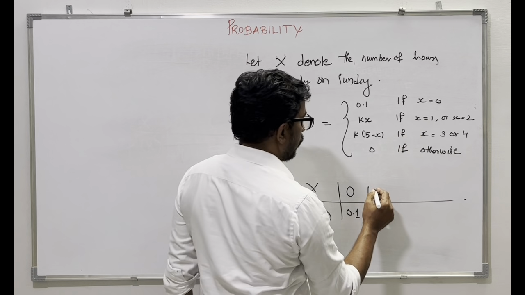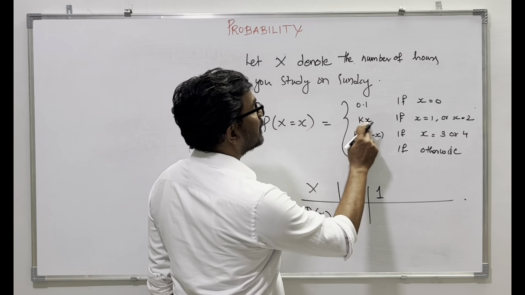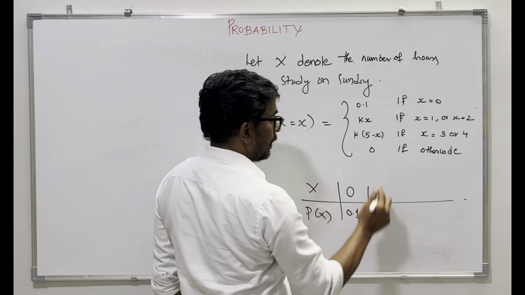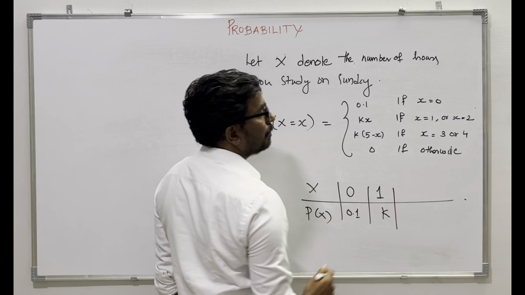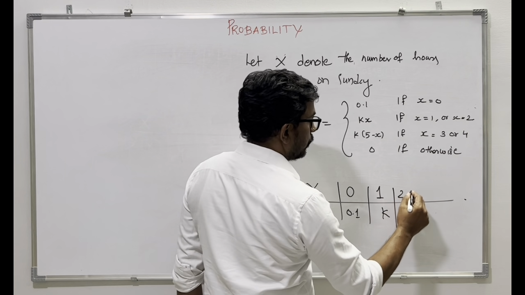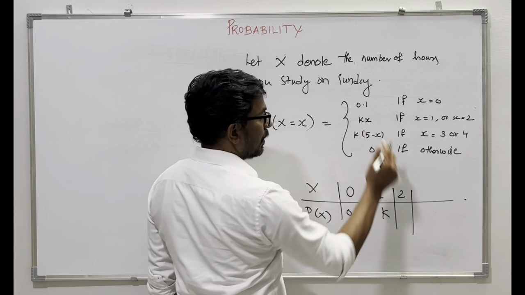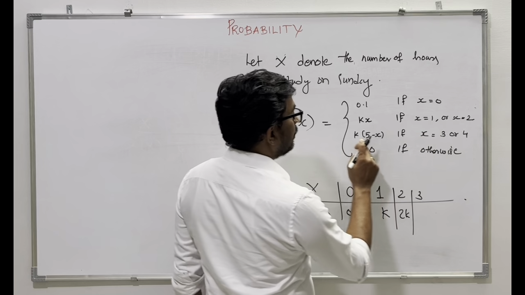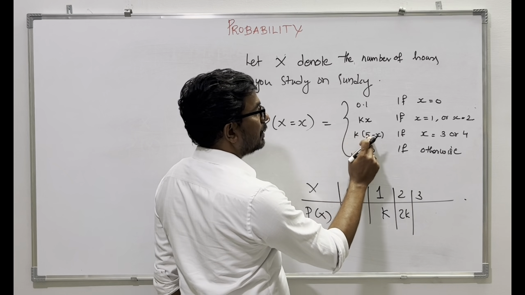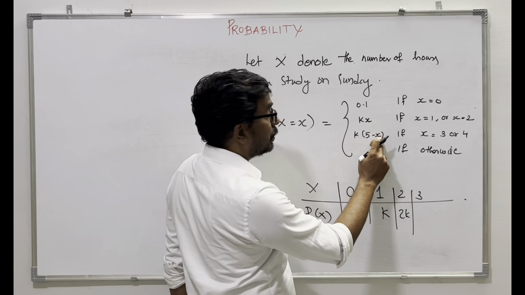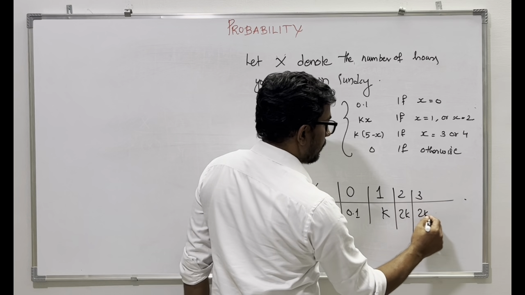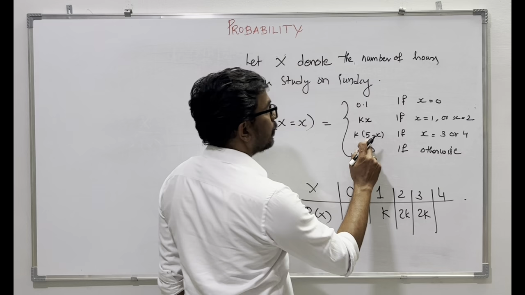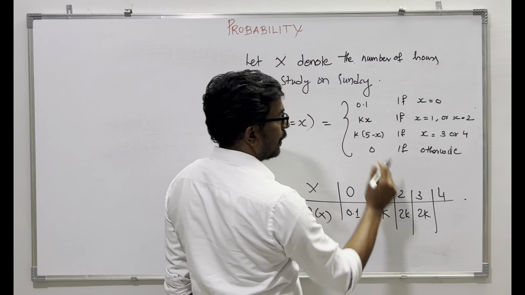When x is 1, this kx will come, that means k into 1, so k will be the probability. When x is 2, this will become 2k. When x is 3, it comes in this category, so 5 minus 3 is 2, so 2k. When it is 4, 5 minus 4 is 1, so k.